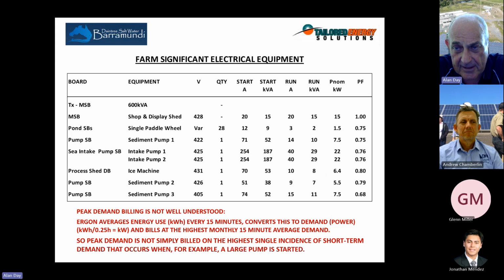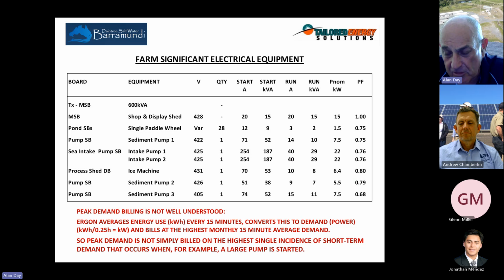The other thing, just to clear up, is that a lot of people think that with peak demand billing, Ergon manages to spot the very highest demand you ever put on your system during the month period, and you get billed at that rate. It's actually not quite as cruel as that.